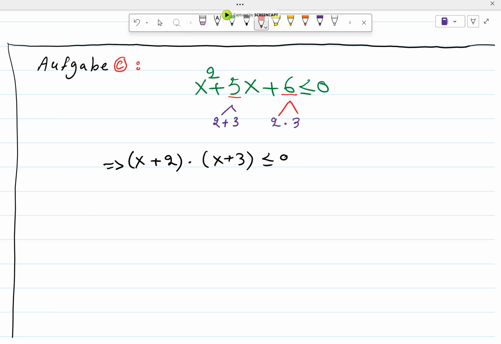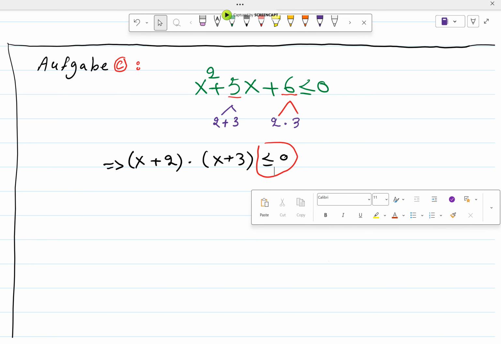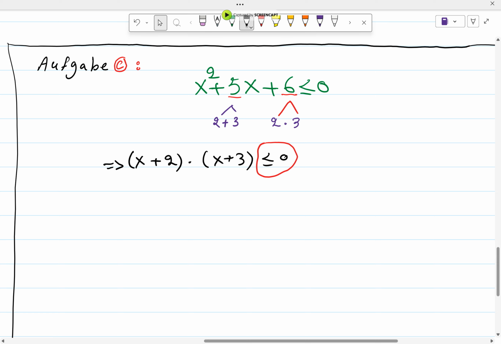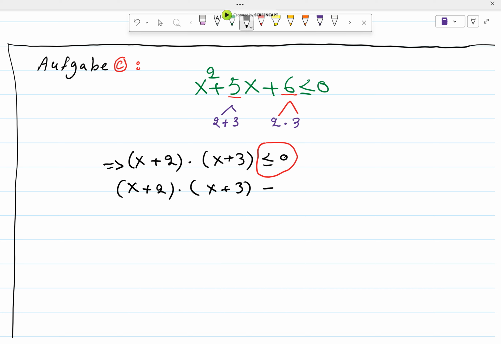To find the solution, we must change this inequality to an equality question. Now I want to change that: x plus 2 times x plus 3 is equal to 0.